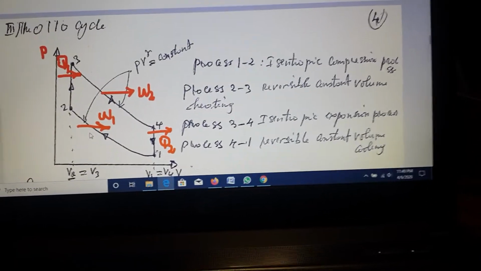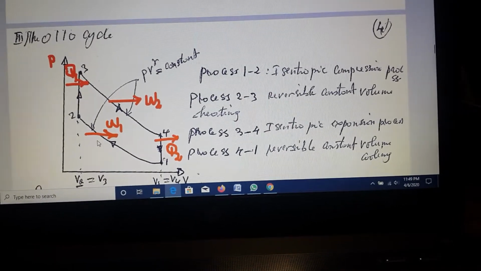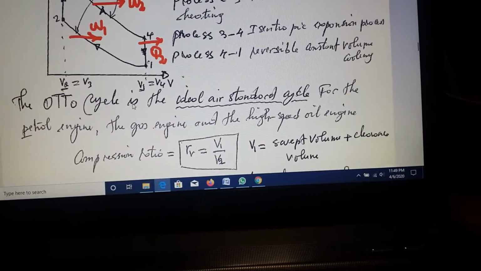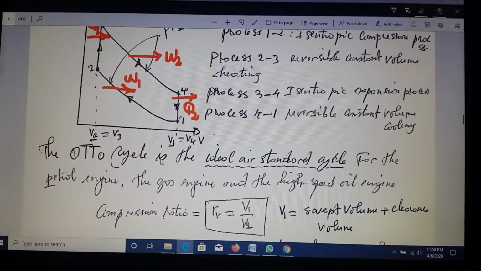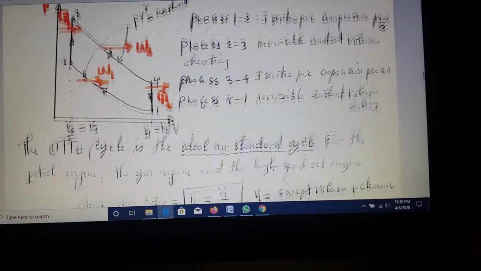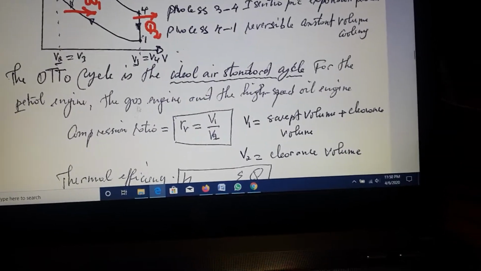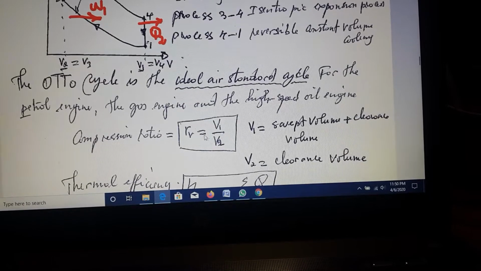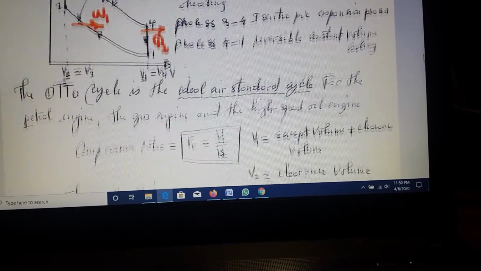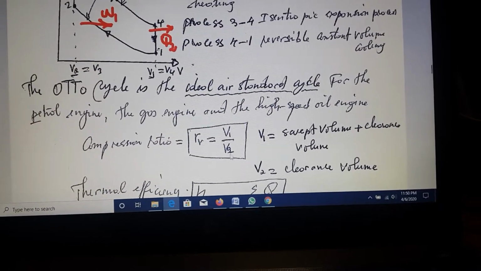And the processes, you can identify them, and once you have identified the processes, you have the formulas that are given to find what you need. Okay, now the compression ratio is equal to V1 over V2.